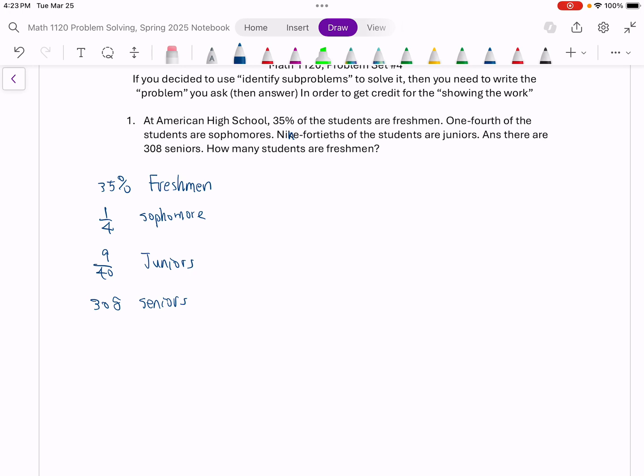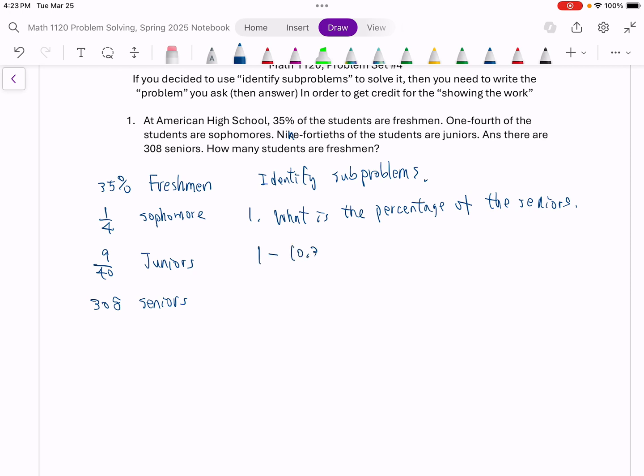So obviously we want to use the identify subproblem. The first question you want to ask, because we know all the percentages except seniors, and in order to figure this out, we want to say, hey, what is the percentage of the seniors? So we use 1 minus 0.35, that's 35%, minus 1/4, minus 9/40, okay?